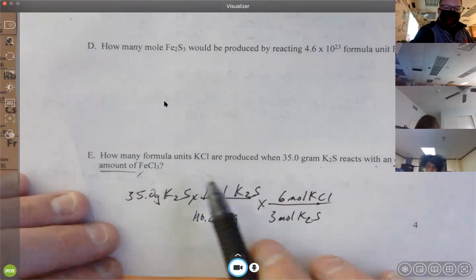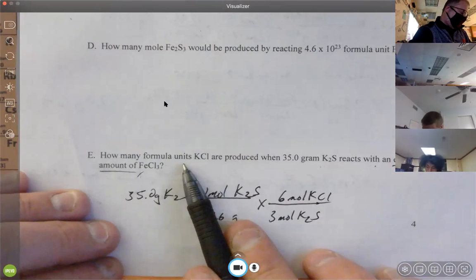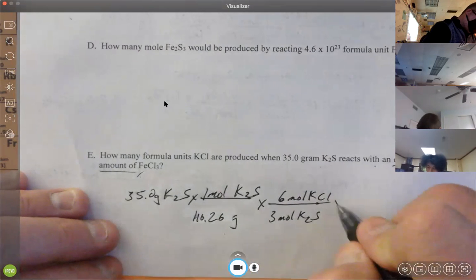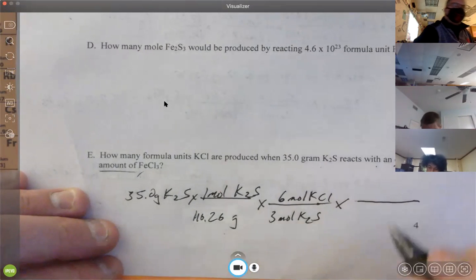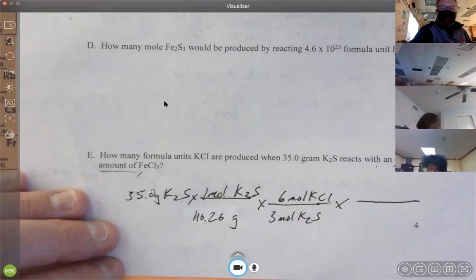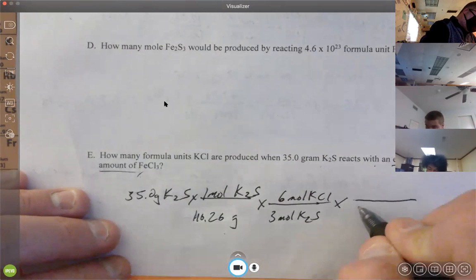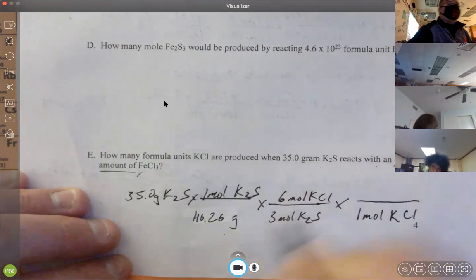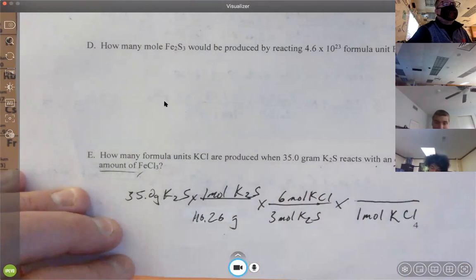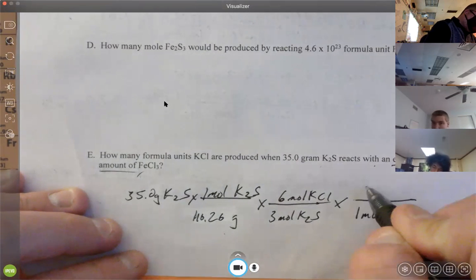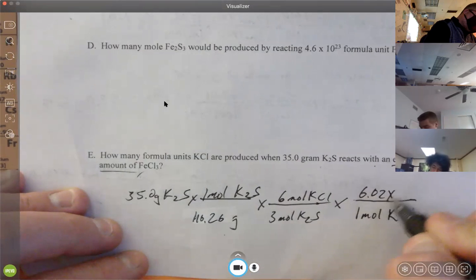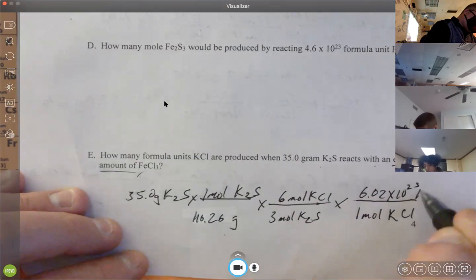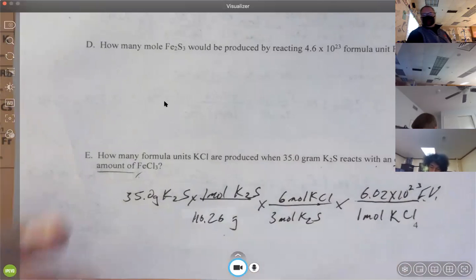Now it actually asks for how many formula units we get, and formula units is again just like particles. Every 1 mole of KCl, you know the number of particles in 1 mole? 6.02 times 10 to the 23rd formula units.